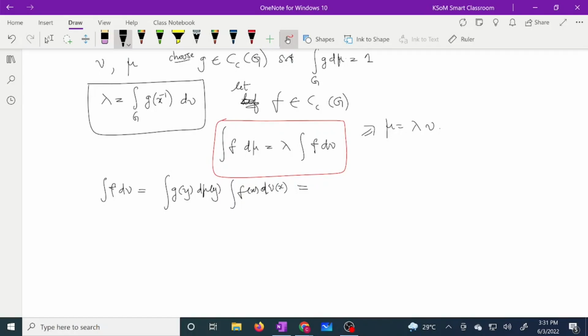What did I do? I think this is right translation. Okay, integral g of y d mu of y, integral f of xy d nu of x.